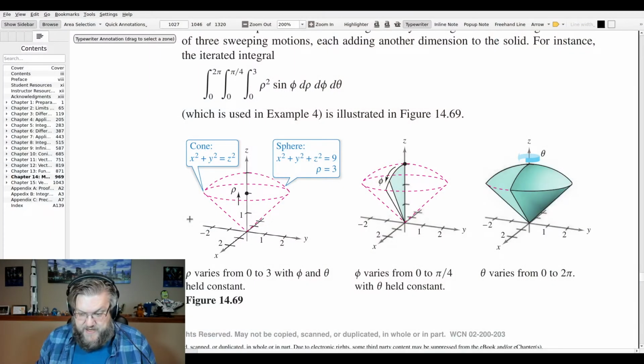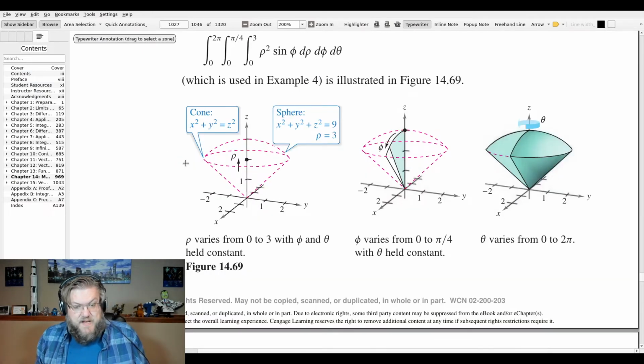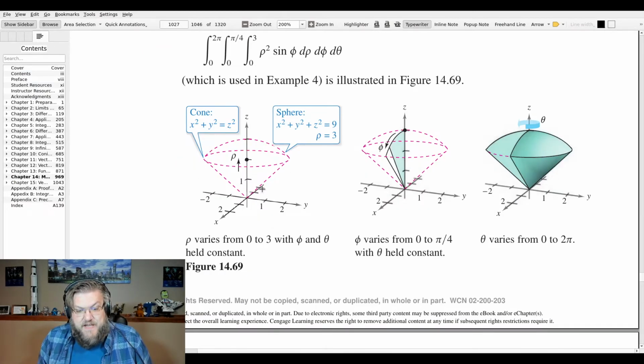So let's go ahead and look at these pictures here. Here we have a cone, and unlike the other problem that we had, this cone has a spherical cap. See that? It's not a flat top in this picture. This is going to be great for spherical coordinates because, if you remember, rho is always a distance radiating out from the origin, from the center.